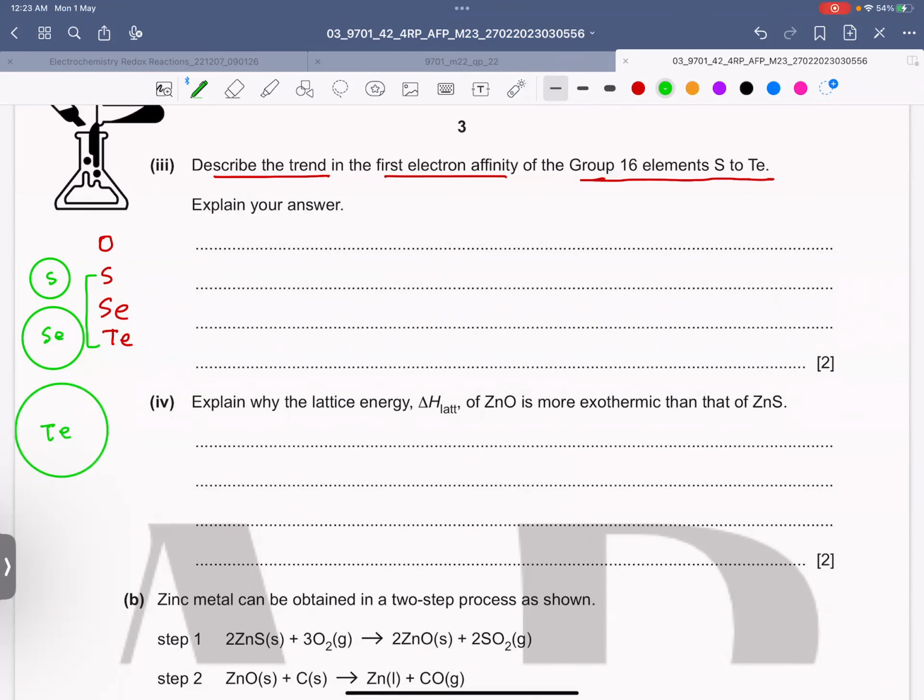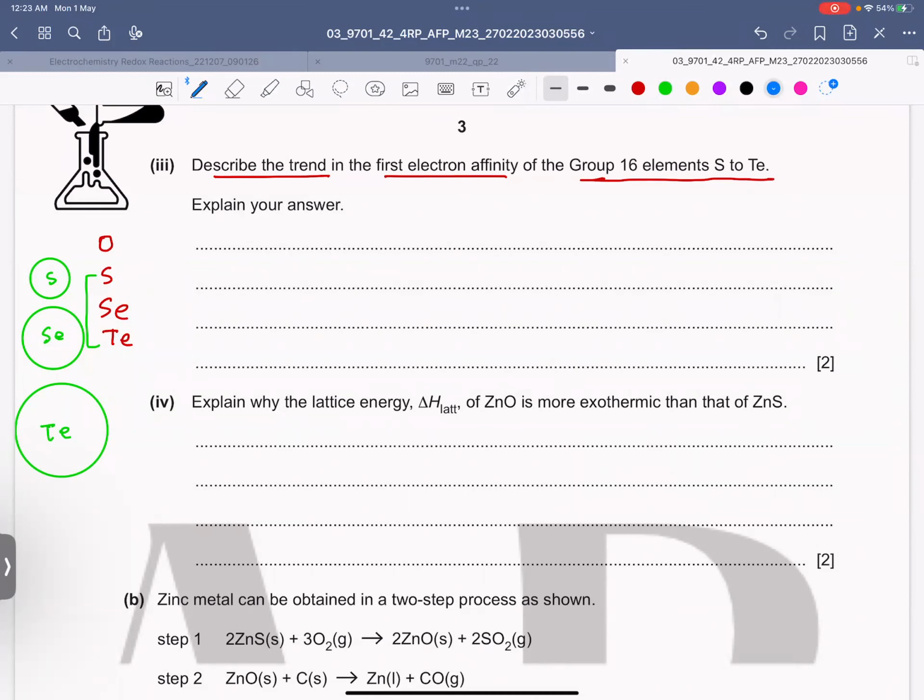So as the size gets bigger, the electron that is going to be gained experiences lesser forces of attraction from the nucleus because of the distance it is getting away from the nucleus. So it means that it is going to be less exothermic down the group.